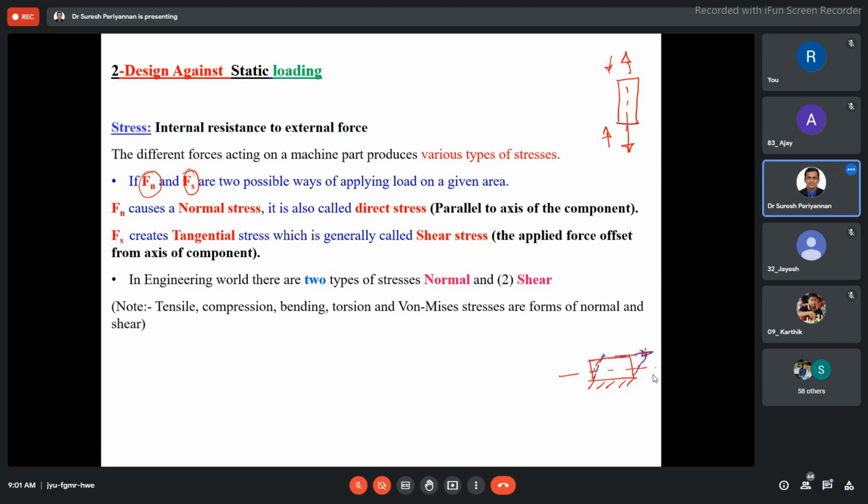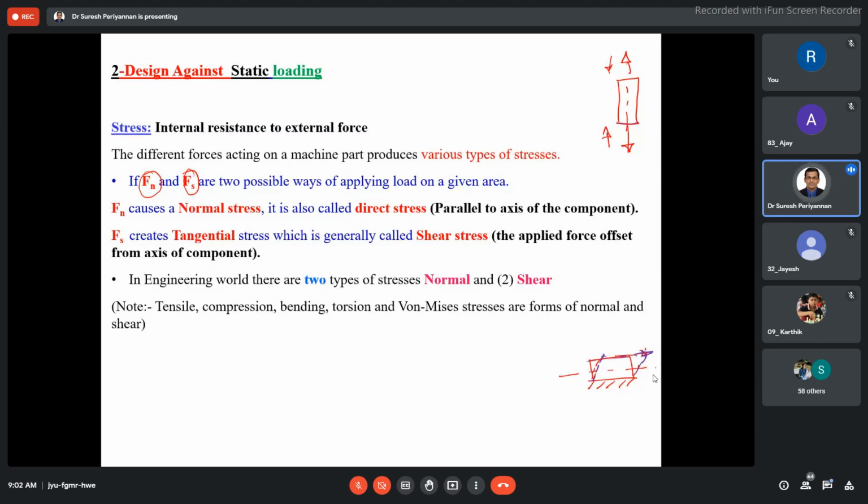Now we can classify the stress further into different types: based on uniaxial load, biaxial load, and triaxial load.